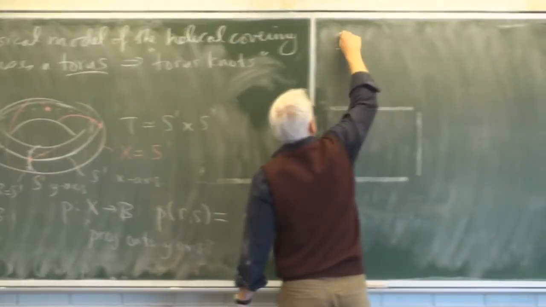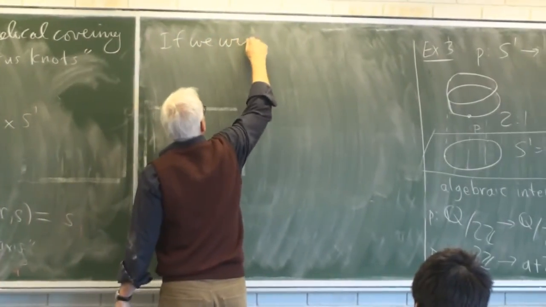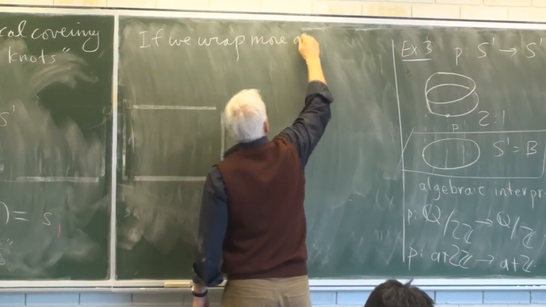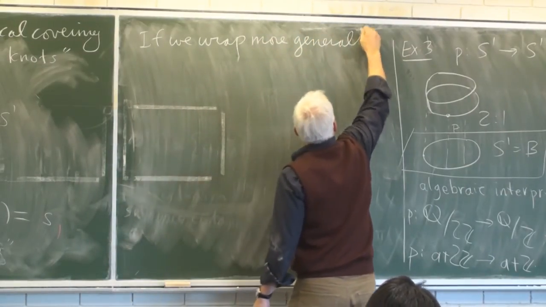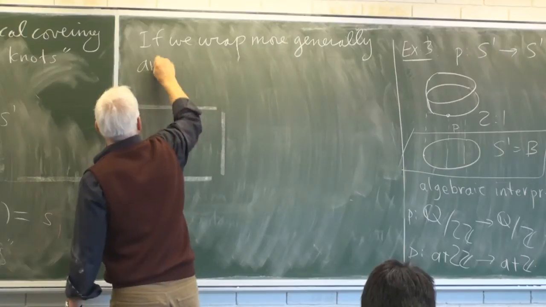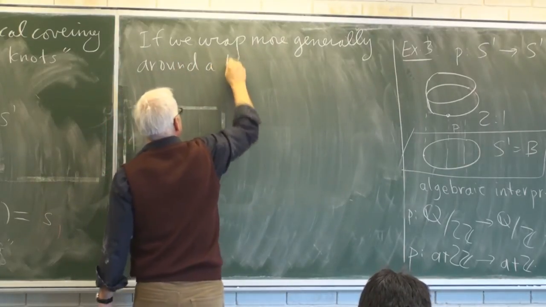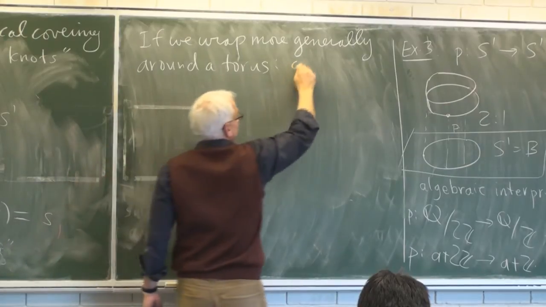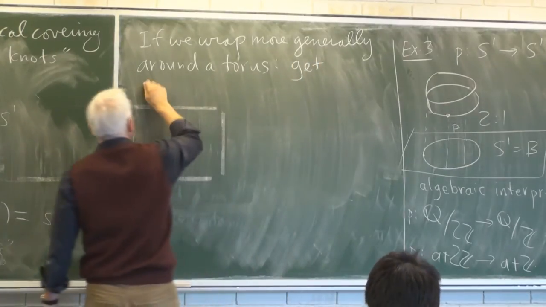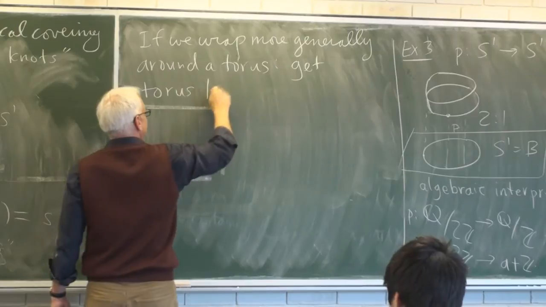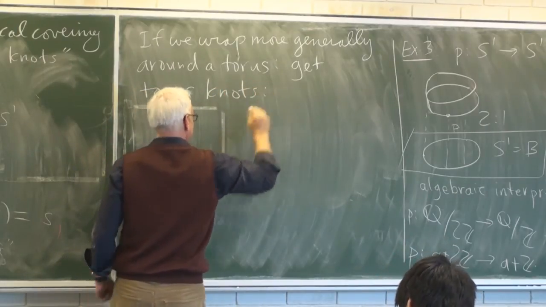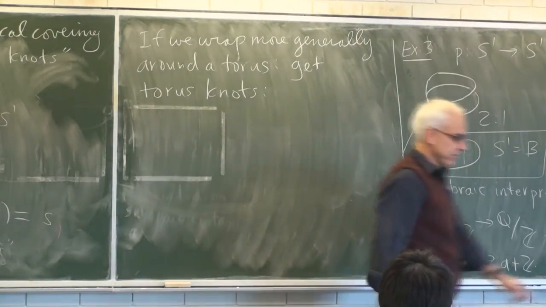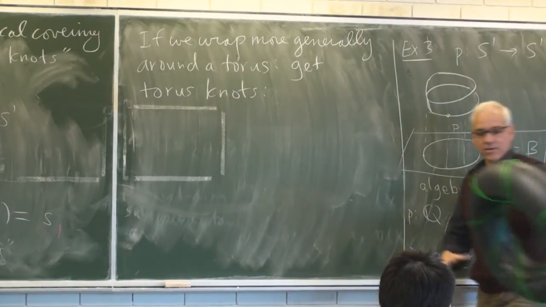So if we wrap more generally around a torus, then we get so-called torus knots. And here's an example of a torus knot that I made this morning.